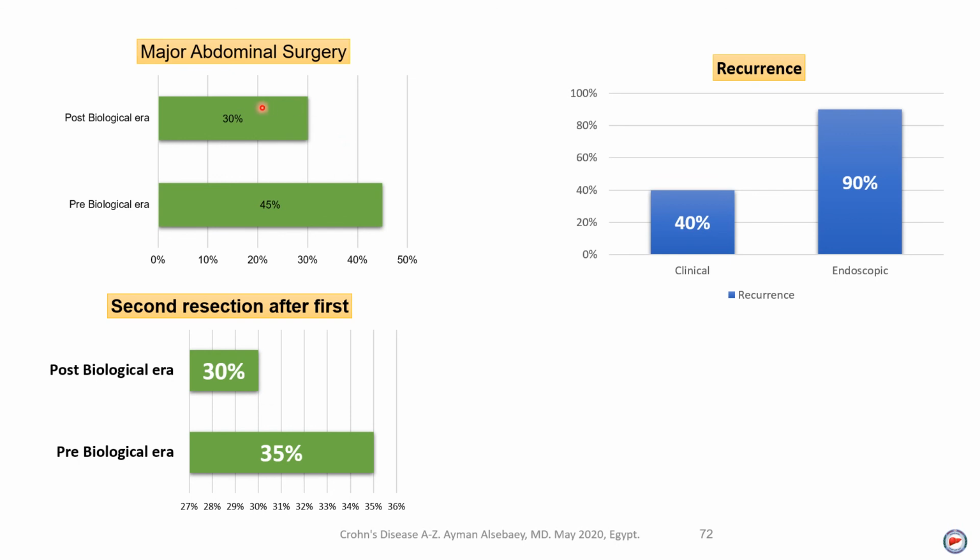You can say that the number is not significant, but we should remember that many patients who come to your clinic, you begin treating them with steroids and thiopurines for years, and this continues the destruction. So we begin the biological therapy late.